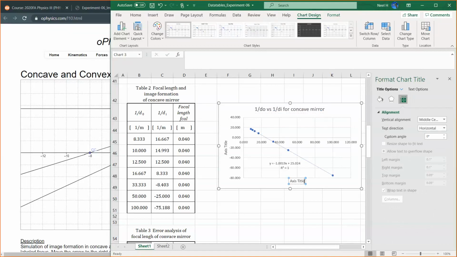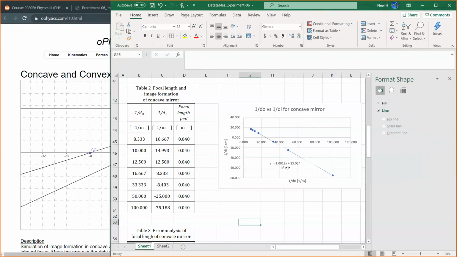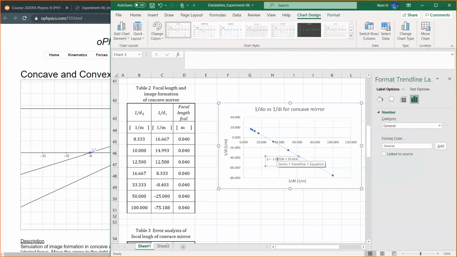Okay, and then the x-axis should be now 1 over d0, and the unit should be 1 over meters, and then similarly the y-axis title should be 1 over di, and the unit should be 1 over meters. Okay, and then the slope should be about 1, so that's what we're getting here because there's no number in front of 1 over d0. Slope should be about 1. We're getting the right number there.